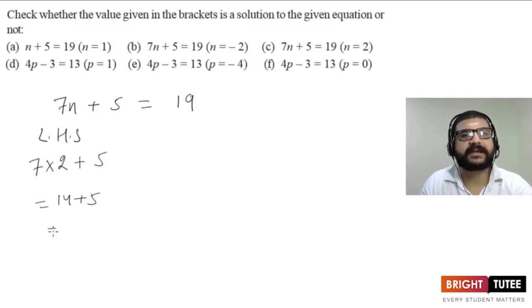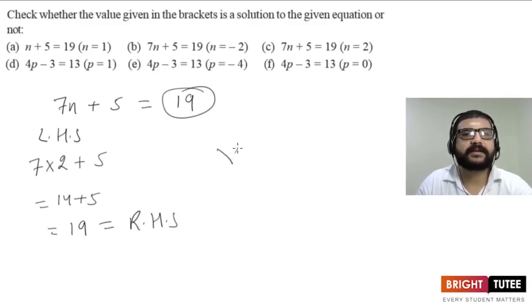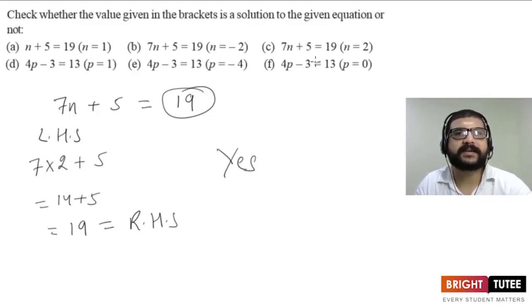Now we know 14 plus 5 is equal to 19, and this is equal to RHS, because RHS is also 19 here. Therefore, this value is solution of the given equation. Hence we can say n equal to 2 is solution of the equation 7n plus 5 is equal to 19.